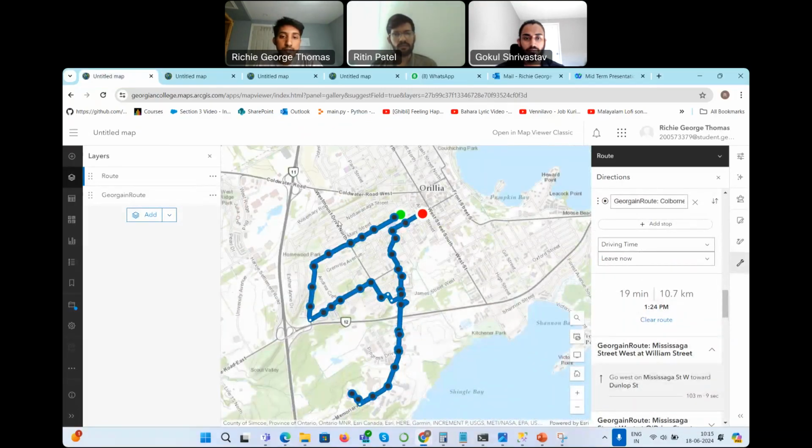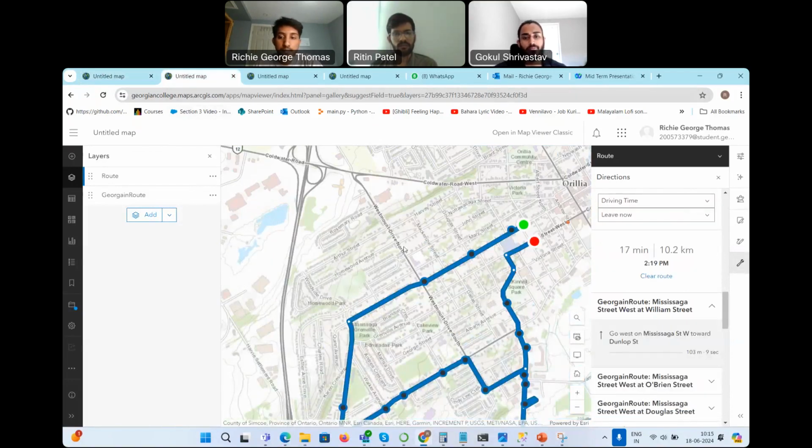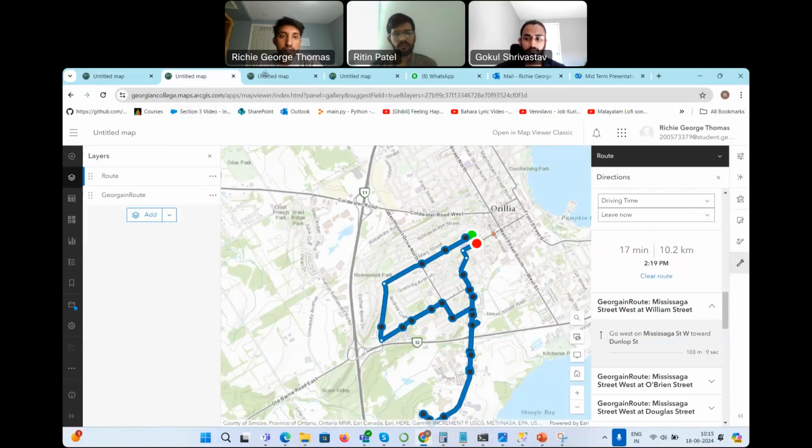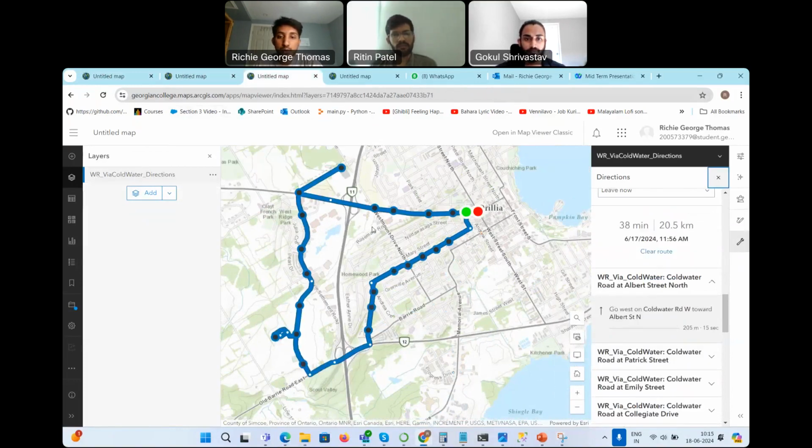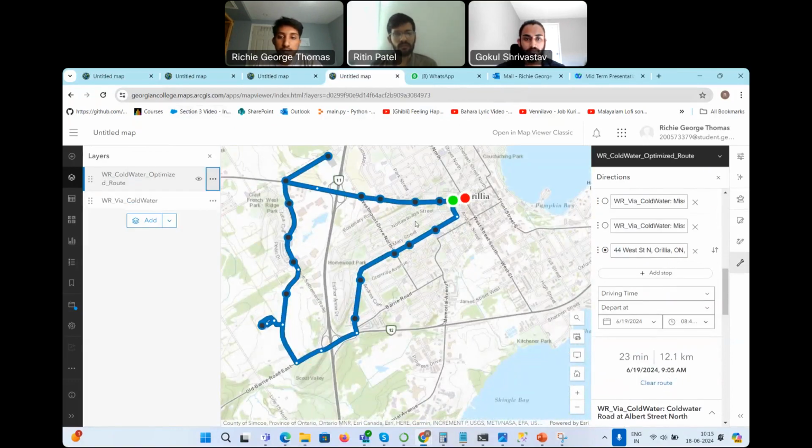This is the original map of Orillia of the Georgian route, and then this is the optimized version, and then this is for Westridge via Coldwater, and this is the filtered one based on the clustering. Now Ritin will continue with the presentation.